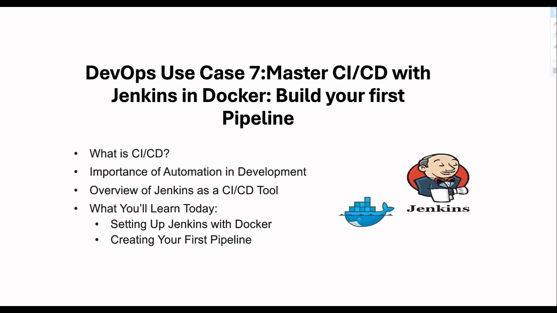Automating tasks not only saves time but also reduces errors, allowing developers to focus on writing great code. We will then take an overview of Jenkins, a powerful tool that facilitates CI/CD processes. Jenkins helps automate building, testing, and deploying applications seamlessly.